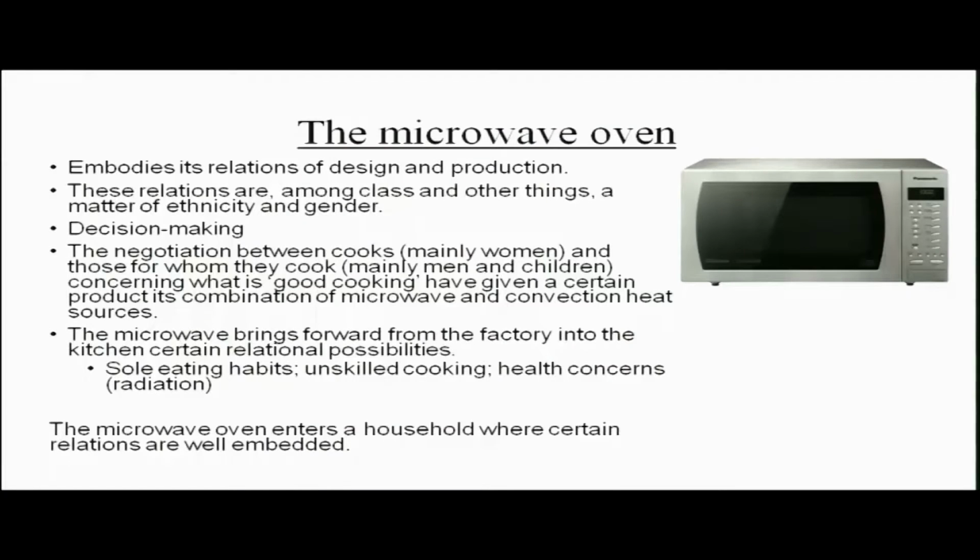So studies that have focused on the microwave oven as a technology that has entered the domestic space have looked at the negotiation between cooks who are mainly women and those for whom they cook, that are mainly men and children, concerning what is good cooking, and given a certain product, its combination of microwave and convection heat sources.